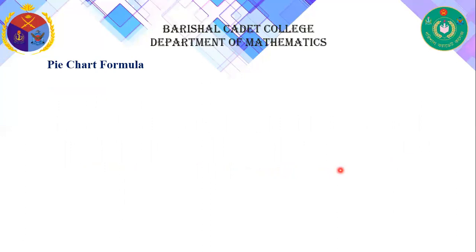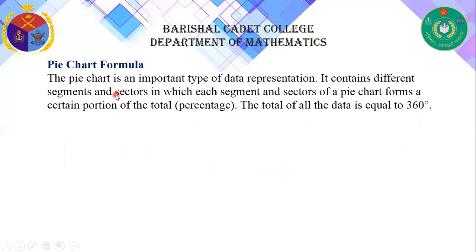Now, pie chart formula. First, the pie chart is an important type of data representation. It contains different segments and sectors in which each segment and sector of a pie chart forms a certain portion of the total percentage.